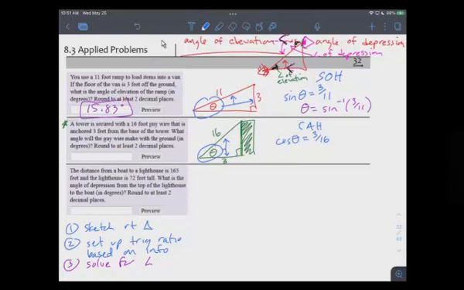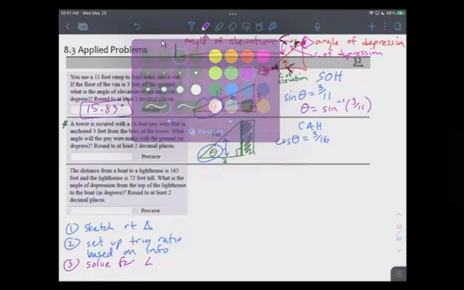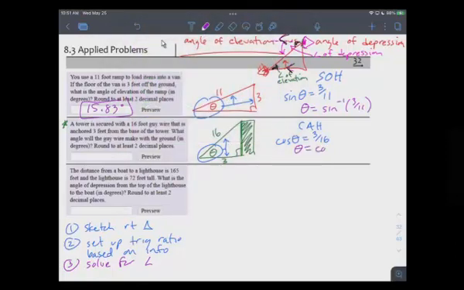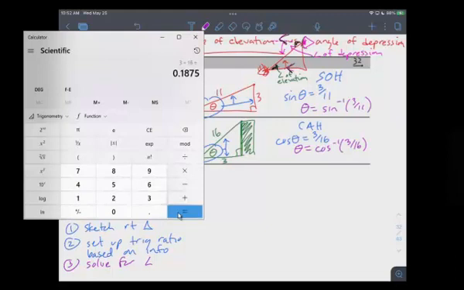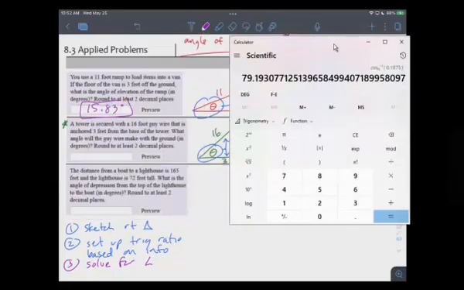Therefore, we can find theta by taking the inverse cosine of that ratio, and doing that is going to give us our solution. So 3 over 16, and then take the inverse cosine, and that would be our answer. So again, in degrees it is 79.19 degrees.